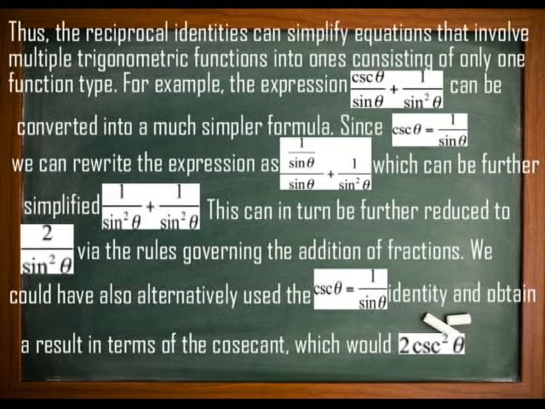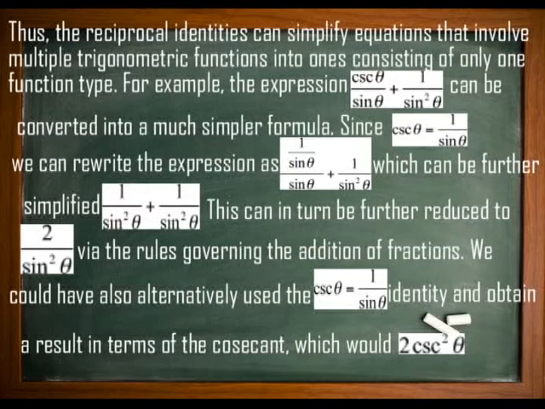which can be further simplified to 1 over sine squared theta plus 1 over sine squared theta. This can in turn be further reduced to 2 over sine squared theta by the rules governing the addition of functions.